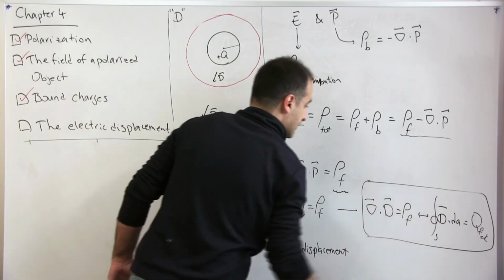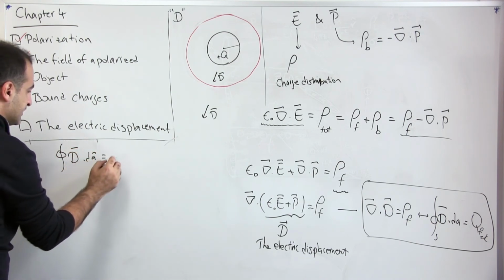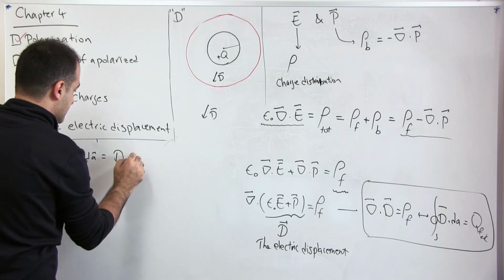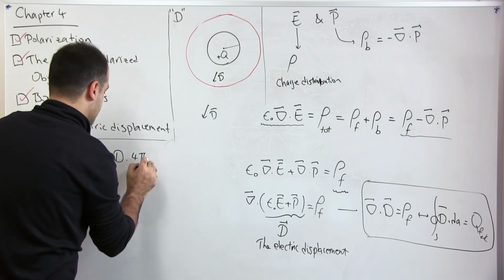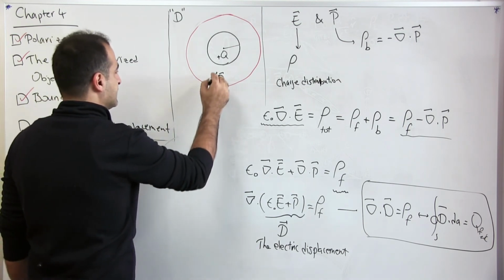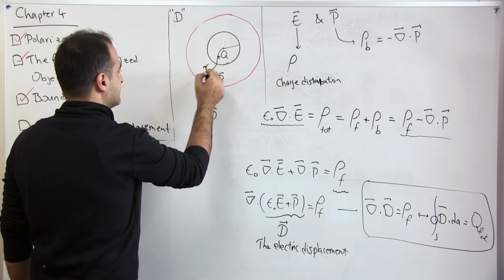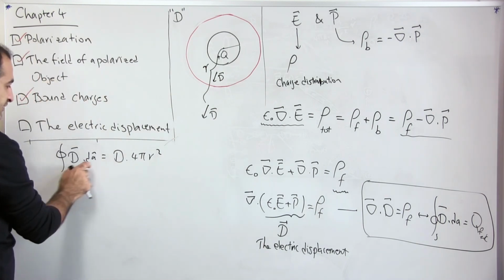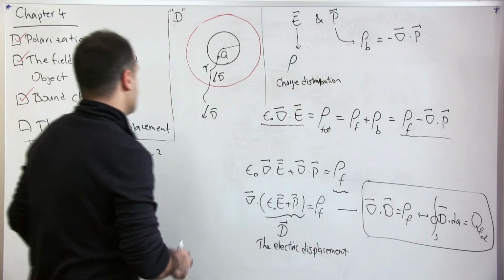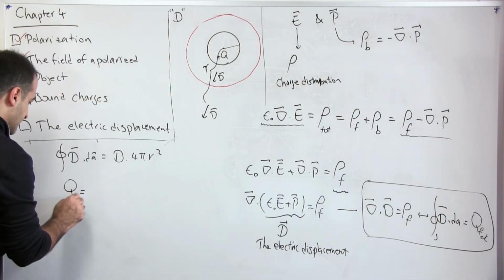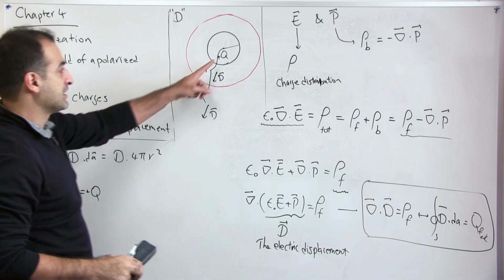The integral of D dot dA is going to be D times 4 pi r squared, where r is how far you are from the center of the sphere. The free charge enclosed is always the Q that we have in the middle, on the sphere in the middle.